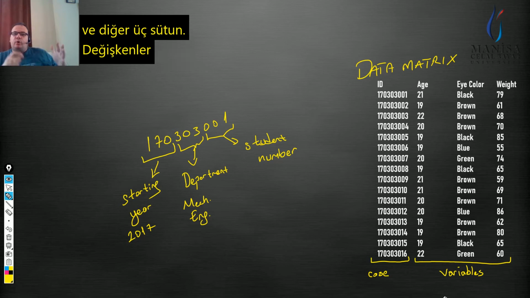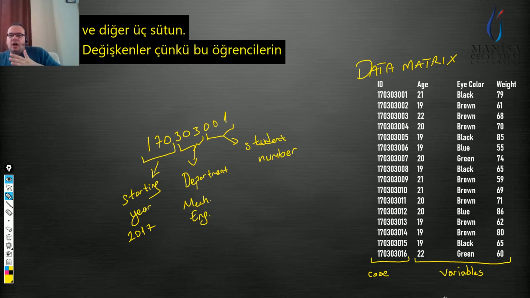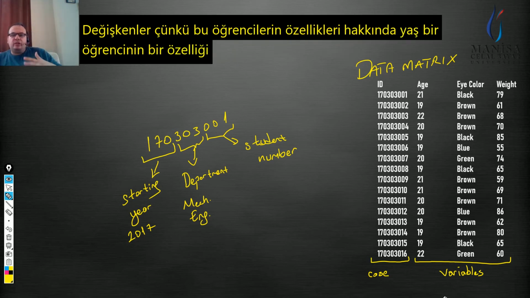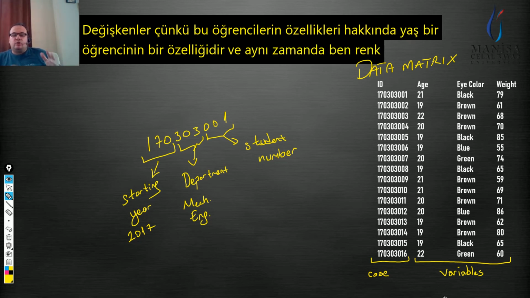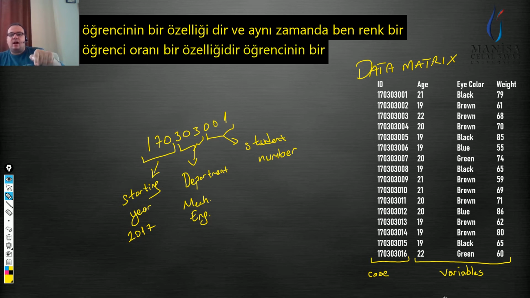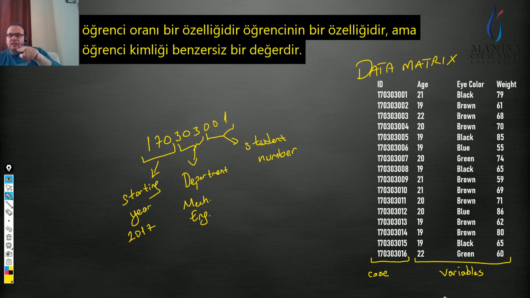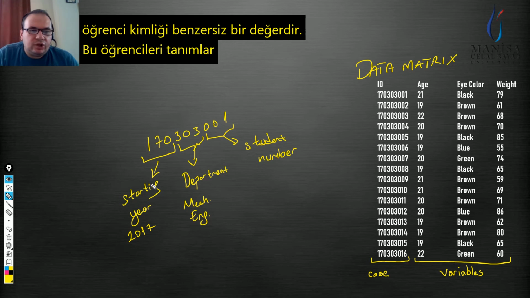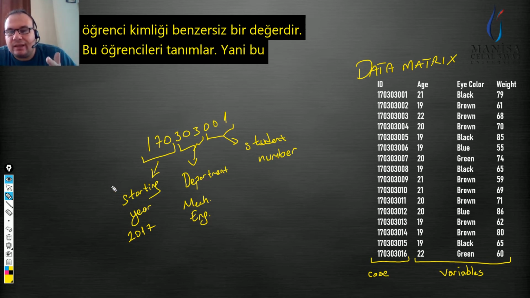Age is a property of a student, and also eye color is a property of a student. Weight is a property of our student. But the student ID is a unique value that identifies the student. So it's the case. And this is the simplest way to present a data set.